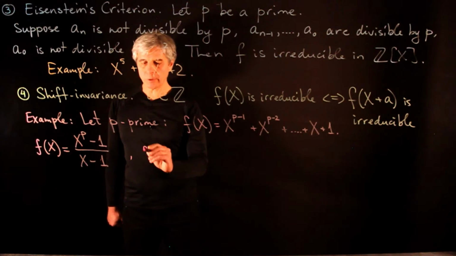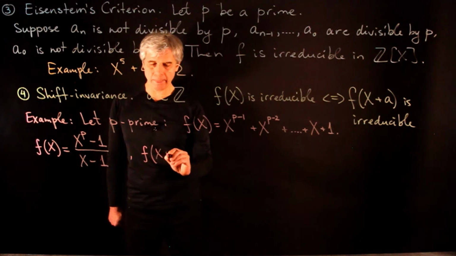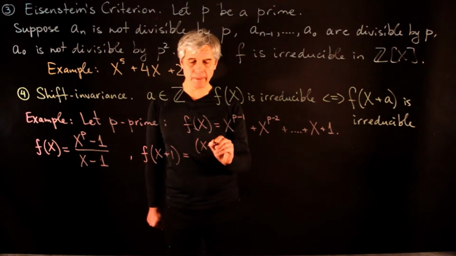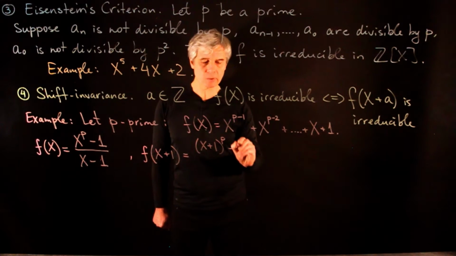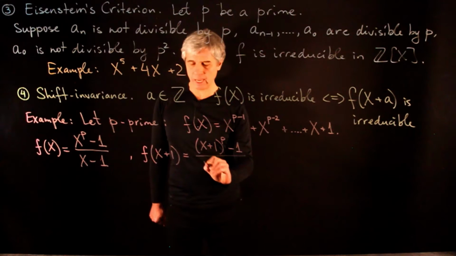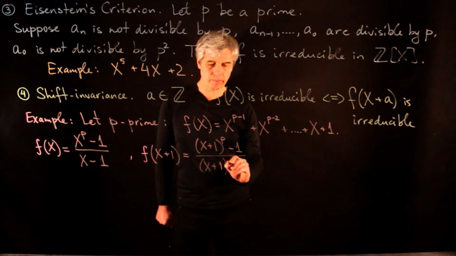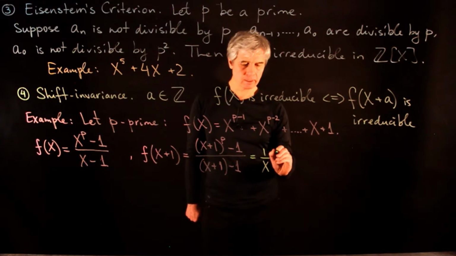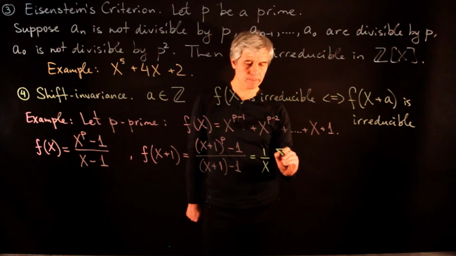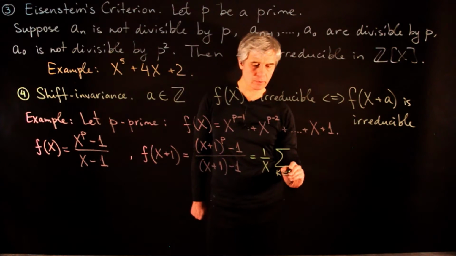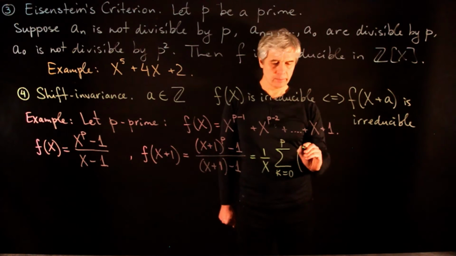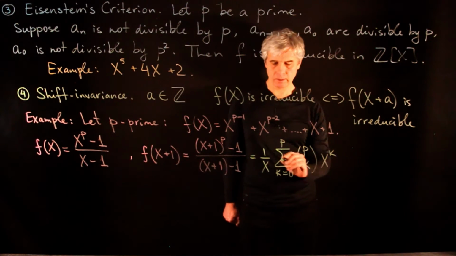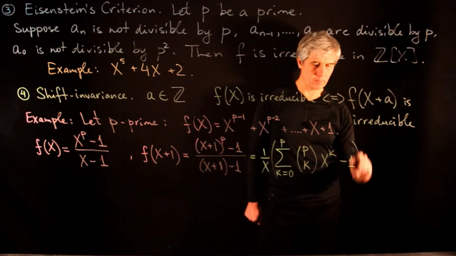Now let us look at the polynomial f(x+1). So this will be ((x+1)^p minus 1) over ((x+1) minus 1). Now this equals 1 over x times the sum, k goes from 0 to p, of p choose k times x to the power of k, minus 1.